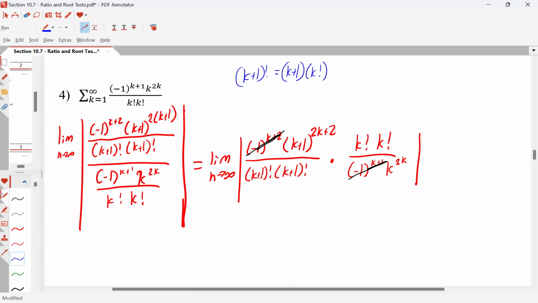So these k plus 1 factorials are really k plus 1 times k factorial times k plus 1 times k factorial, because we have 2 of them. So the k factorials cancel.